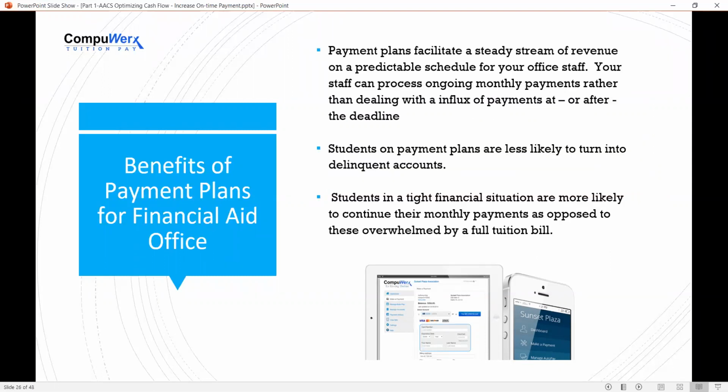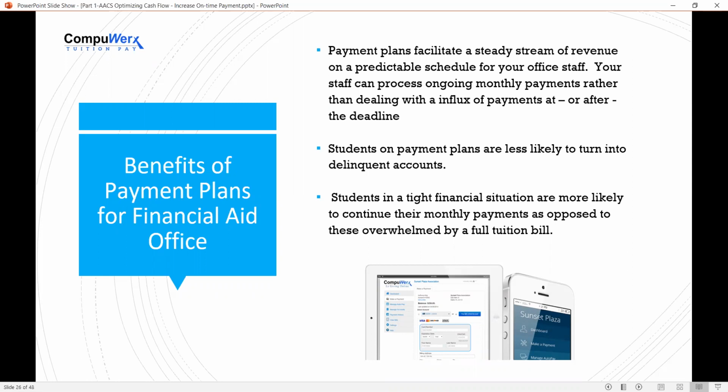Payment plans facilitate a steady stream of revenue for your financial aid office. Your staff can process online monthly payments rather than dealing with an influx of payments right before, on, or after the deadline of the payments.